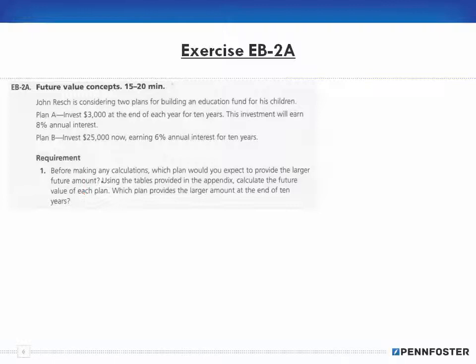Okay, now if you're back, you've thought about it quickly, and you have your choice between plan A or plan B without doing any of the math, right? If you think about it, in plan A, a majority of the students will say, okay, I'm going to invest $3,000, but I'm going to invest it for 10 years. So 3 times 10,000, it gives me 30,000, right?